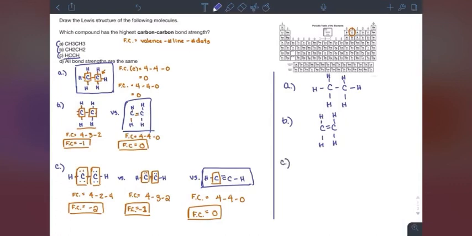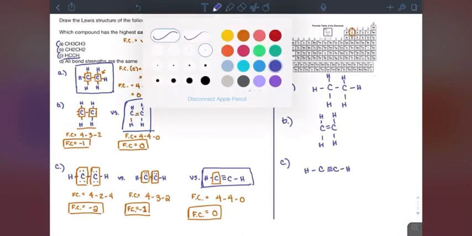And then for C here, we have a triple bonded carbon with 1 hydrogen on each carbon. Okay, so now to figure out the highest carbon-carbon bond strength, you have to look at the bonds.